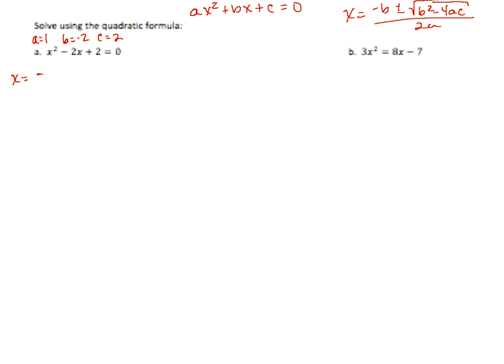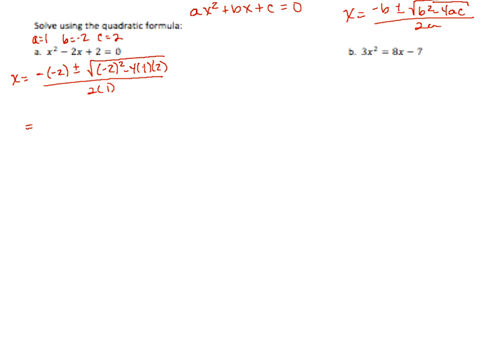X equals the opposite of b plus or minus the square root of b squared minus 4ac all over 2a. Notice everything I plugged in, I used parentheses. Students will make the mistake of not using parentheses and they'll end up with the wrong sign. So it's very important that whenever you plug values in, you always use parentheses.